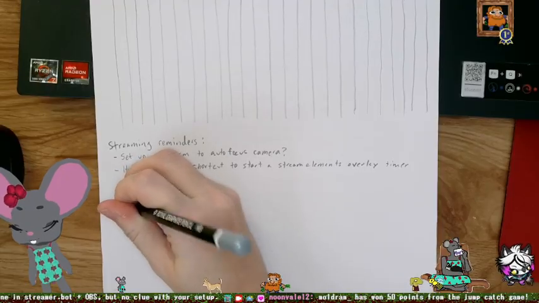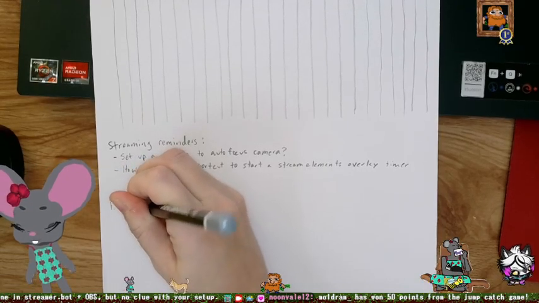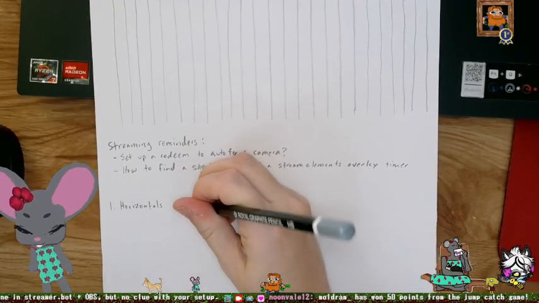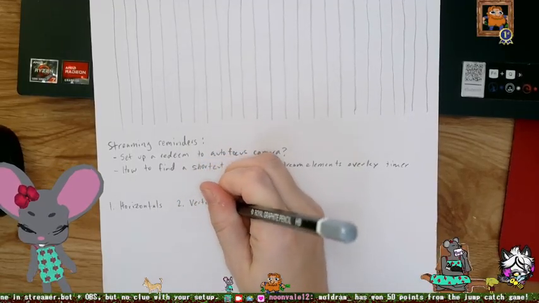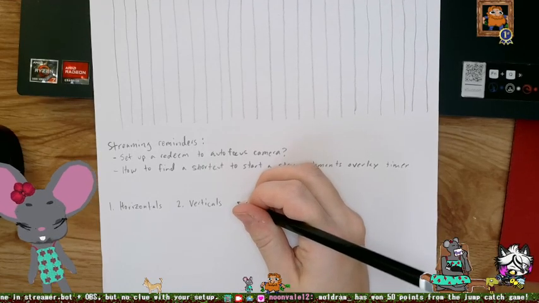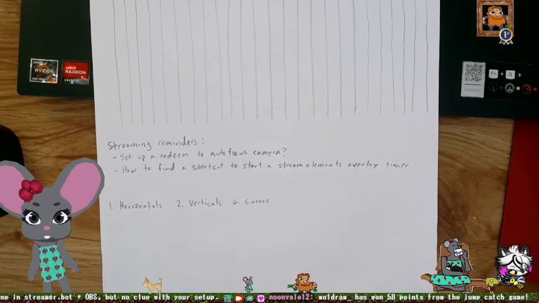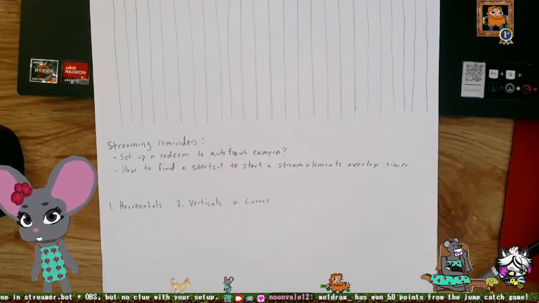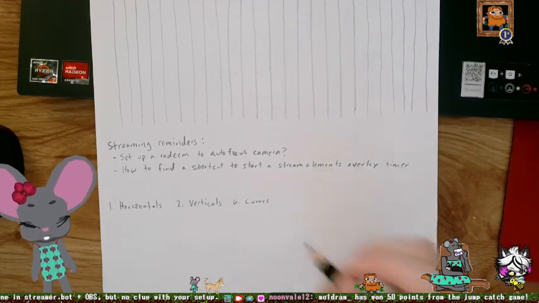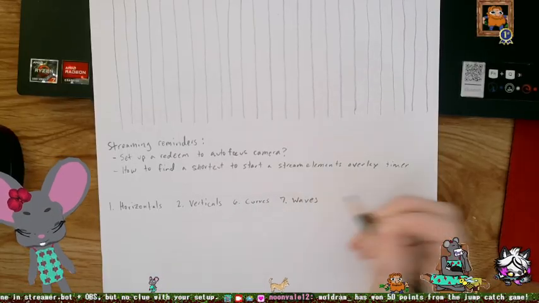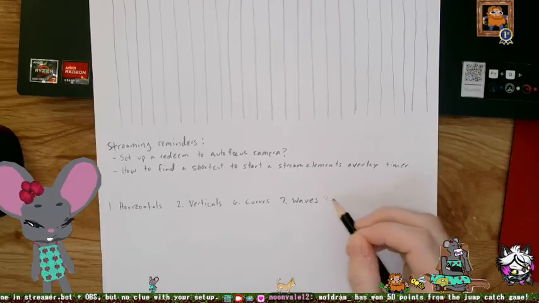1, horizontals. 2, verticals. Number 6 apparently is curves. And then wavy. 7 is waves, like this.